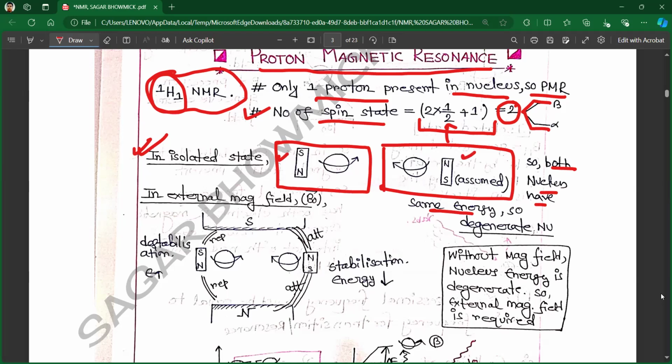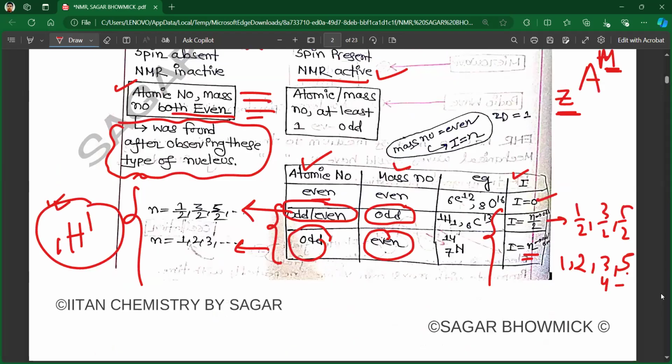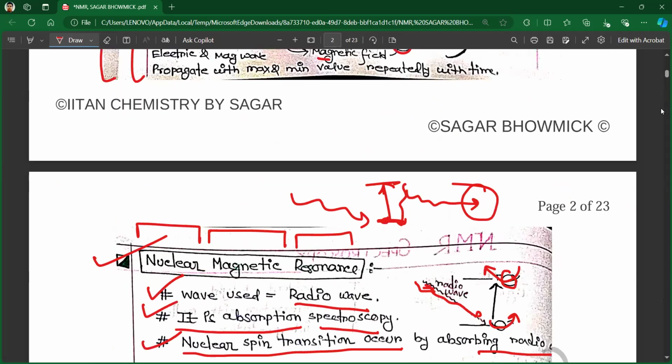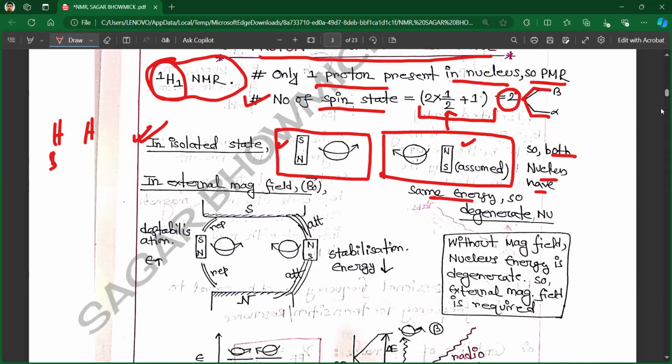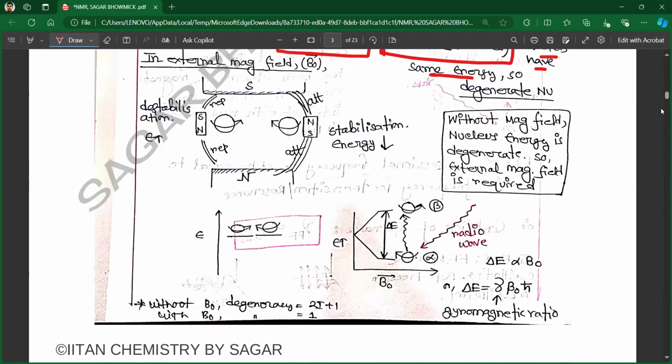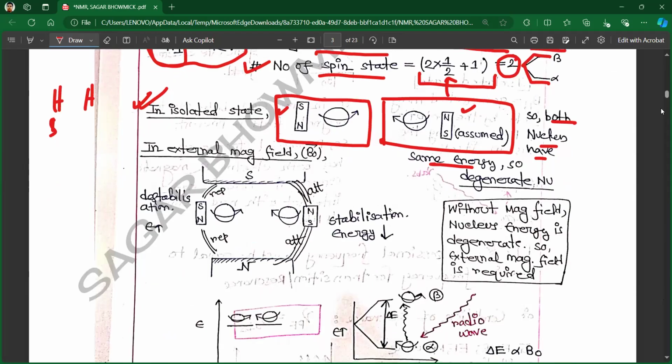That means suppose I have two nuclei, two hydrogens. If one has spin like this, it is south north, otherwise the other one will be north south. So south north, north south will have the same energy.